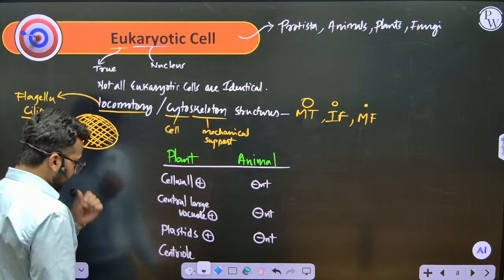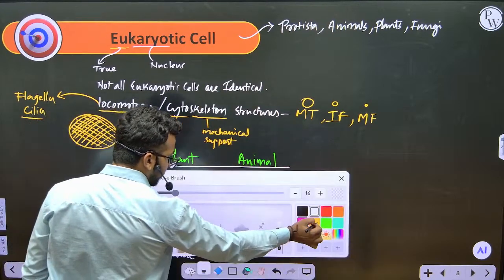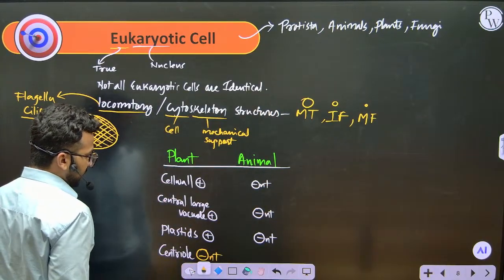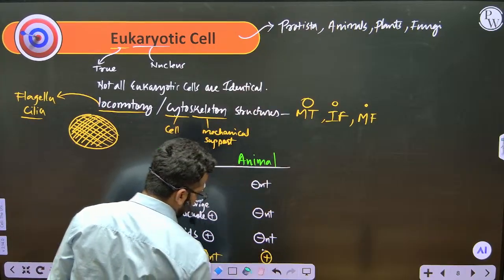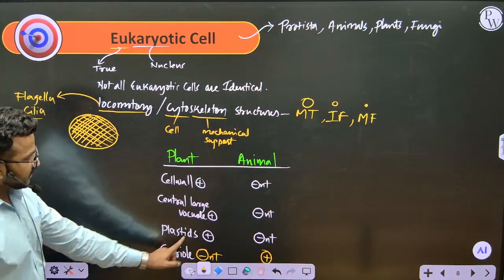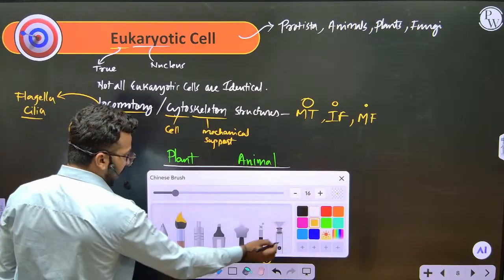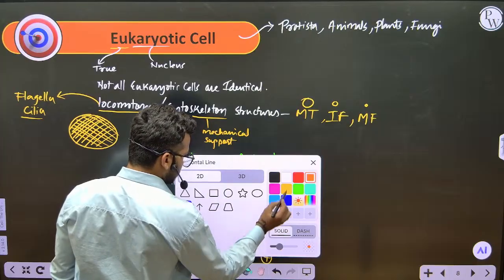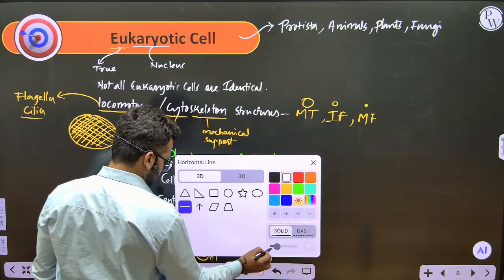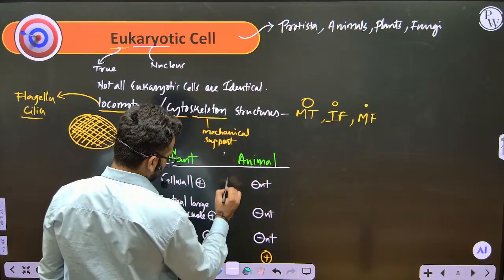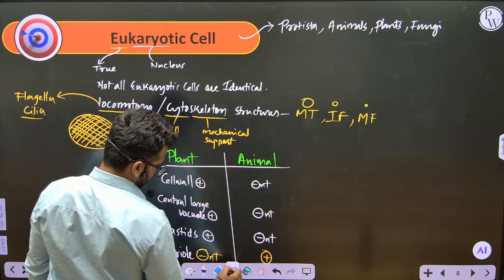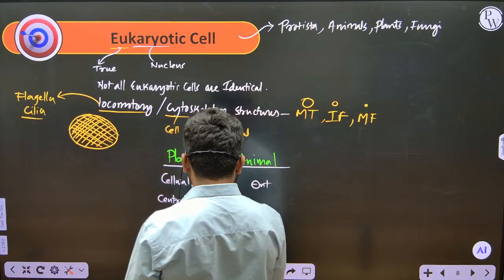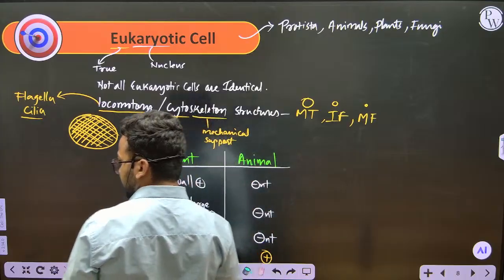Here you need to remember, which is very important: centriole is absent in the plant cell, but it is present in the animal cell. So these are the main differences between plant cell and animal cell.